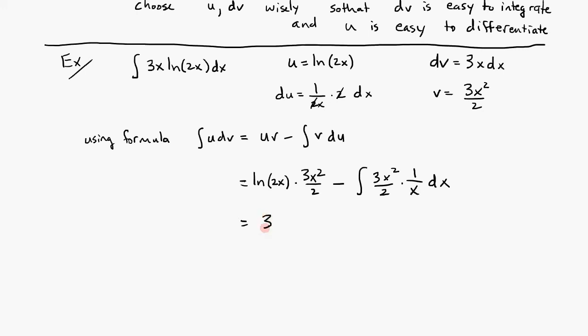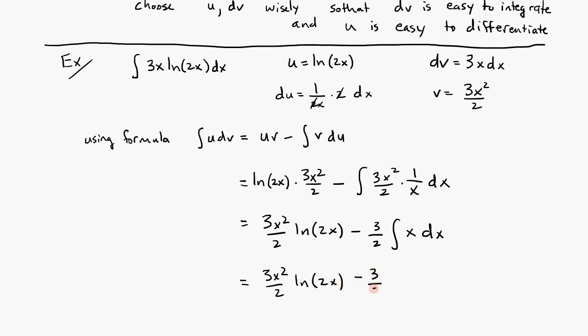So this is 3x squared over 2, natural log of 2x. I can pull the 3 halves out. x squared over x is just x. And so this is equal to 3x squared over 2, natural log of 2x minus 3 halves times the antiderivative of x, which is x squared over 2, plus the constant.